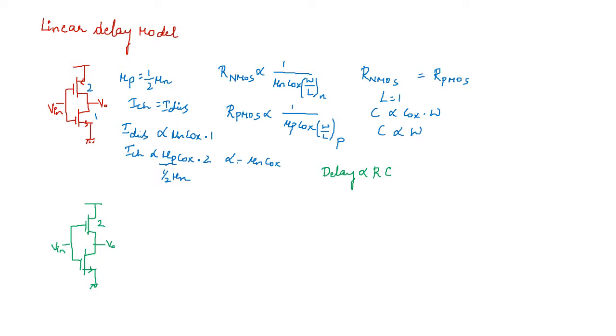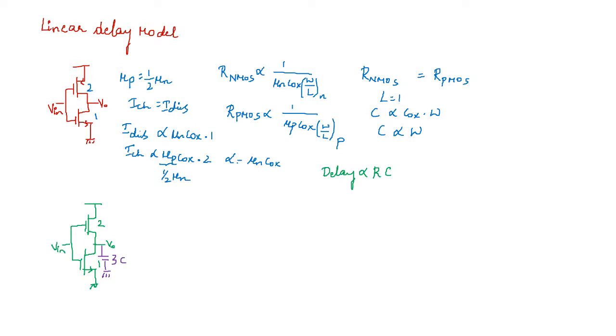So each of these offers a resistance equal to R, and the PMOS has a width of 2. Therefore, due to this PMOS, we'll have a capacitance 2C at the output, and due to this NMOS, we'll have a capacitance C at the output. Therefore, the total capacitance at the output will now be equal to 3C: 2C due to the PMOS and C due to the NMOS.